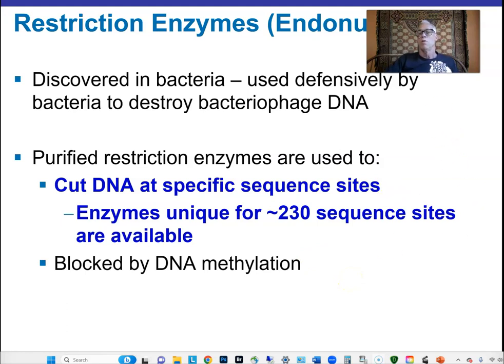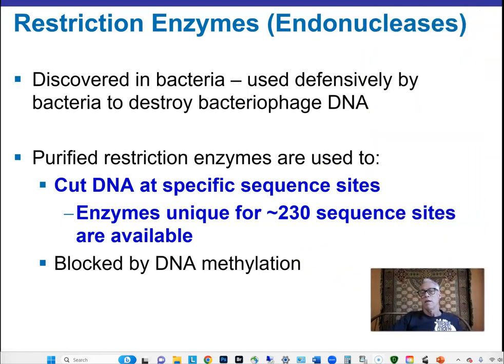One of the key tools for doing any kind of recombinant DNA work is restriction endonucleases. These are the coolest little scissors, molecular scissors for cutting up DNA at specific sequence sites.